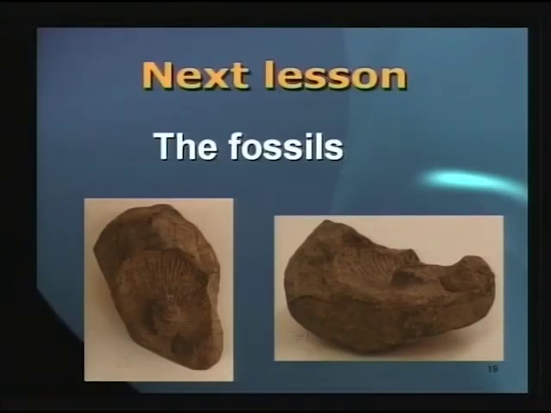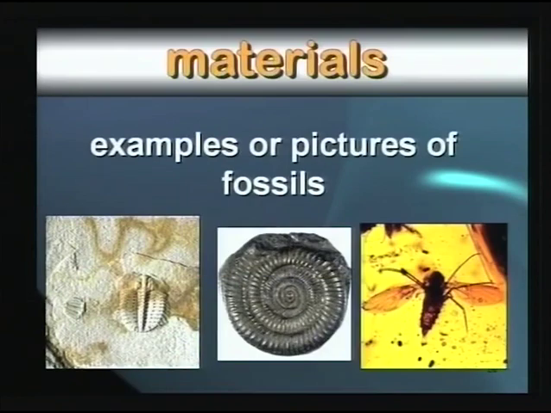Our next lesson will be on fossils, and our materials needed are some examples of fossils or pictures of fossils, and also find out what fossils are. Right, with that, thank you class for your participation in today's lesson.